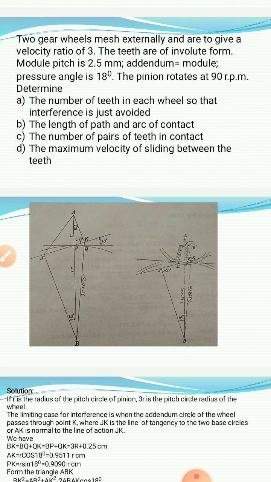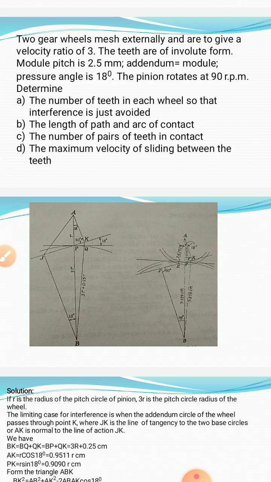Considering the interference condition, we have to find the length of path and arc of contact, number of pairs of teeth in contact, and maximum velocity of sliding between the teeth. So we move with the given data.